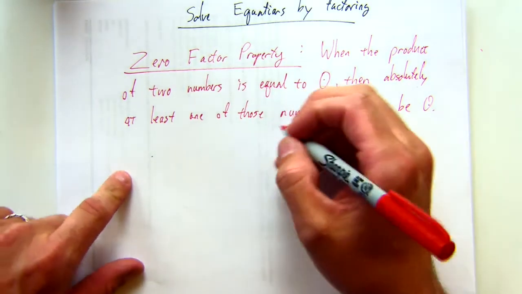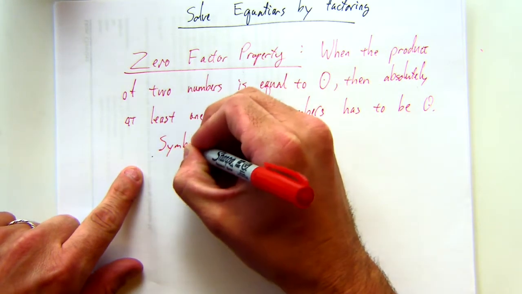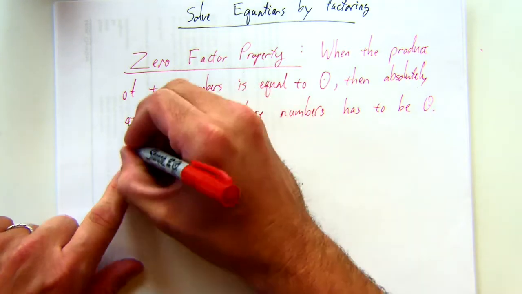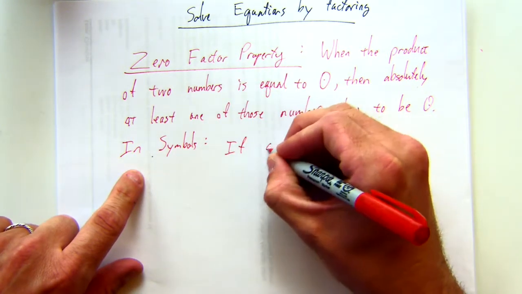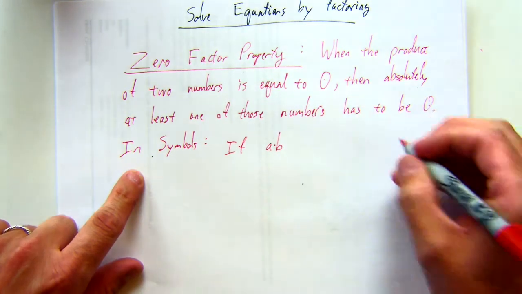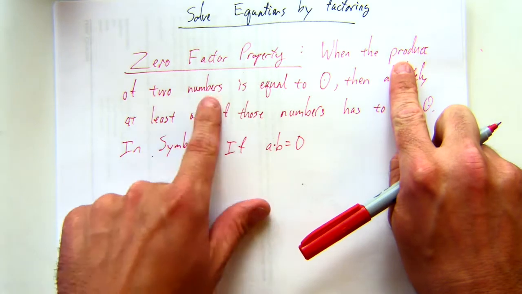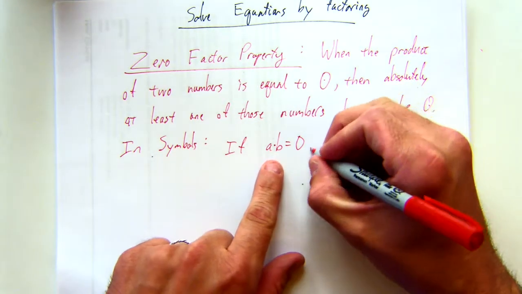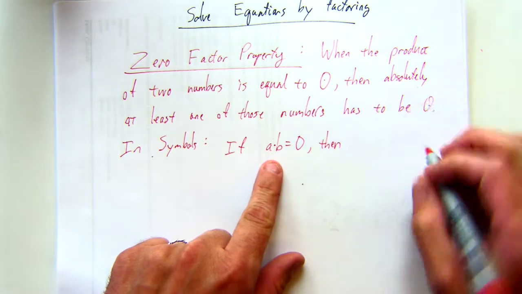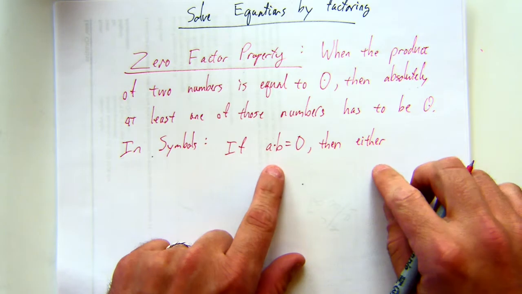In other words, we can say this. In symbols, this is probably the one that might help you. In symbols, if A times B is equal to 0, that's the first line. The product of two numbers is equal to 0. If A times B is equal to 0, then one of those numbers has to be 0.